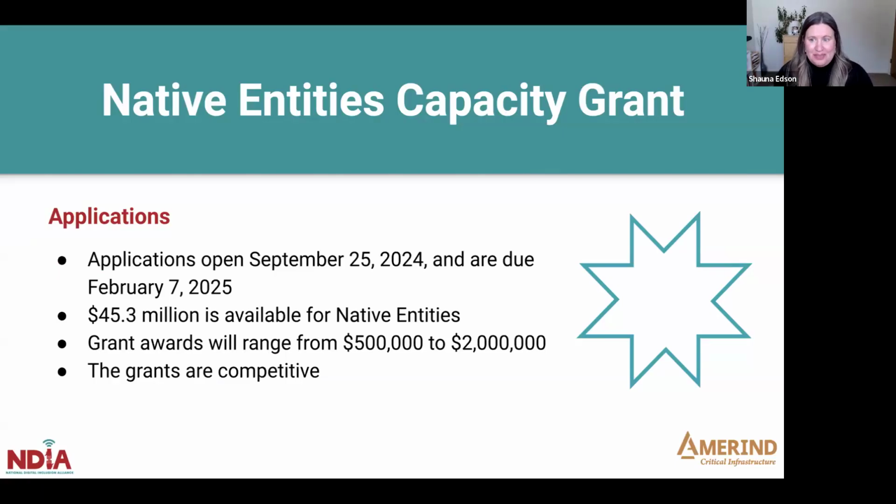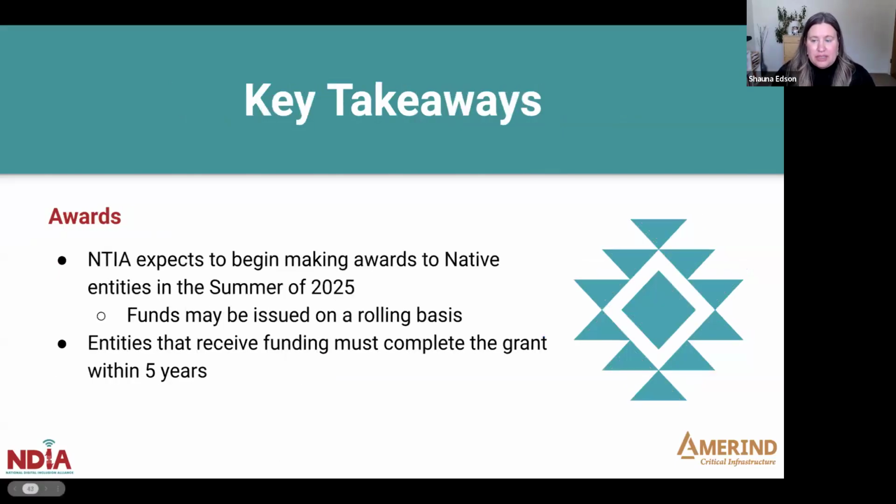Okay, the next slide. And some key things: NTIA expects to begin making awards to Native entities in the summer of 2025, which will also be issued most likely on a rolling basis. And the funds last for 5 years. Okay, next slide.